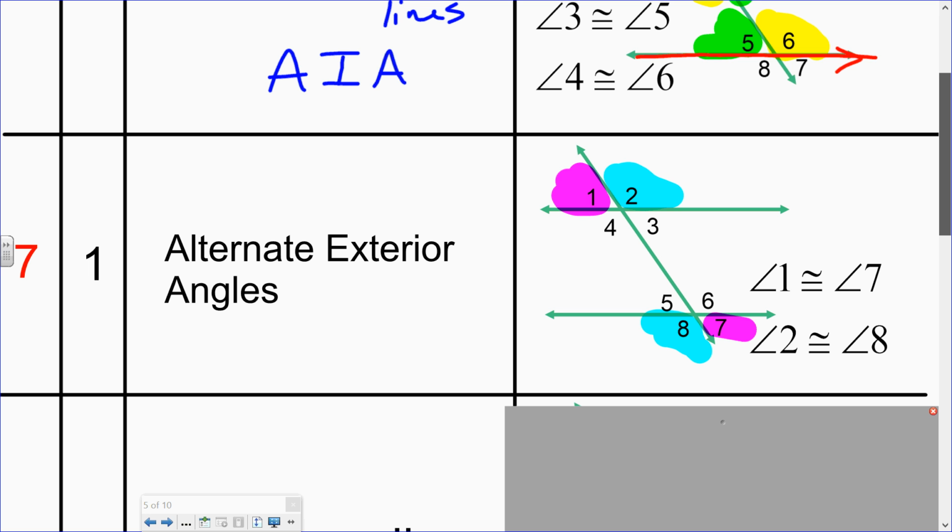So 1 and 7 are alternate exterior angles. When we want to say these are congruent, our reason needs to be alternate exterior angles. I recommend not necessarily redrawing that picture each time for these, just writing down the angle numbers on there. Might save you a little bit of time, and since you don't have all that much space on there.